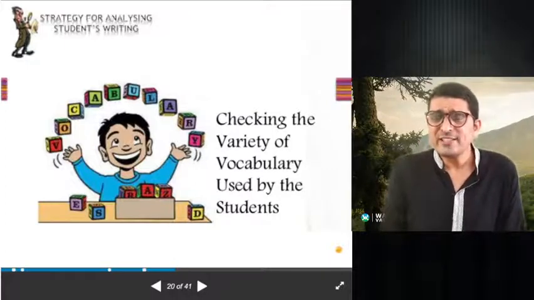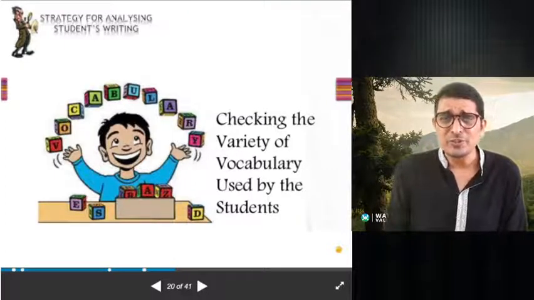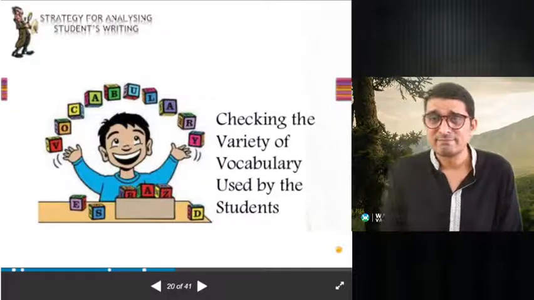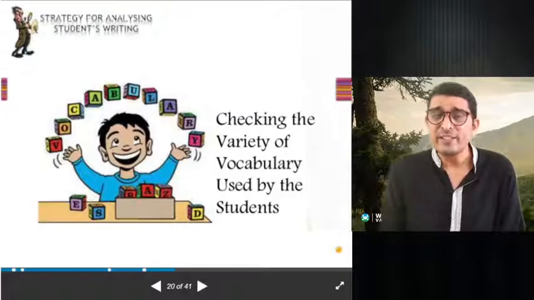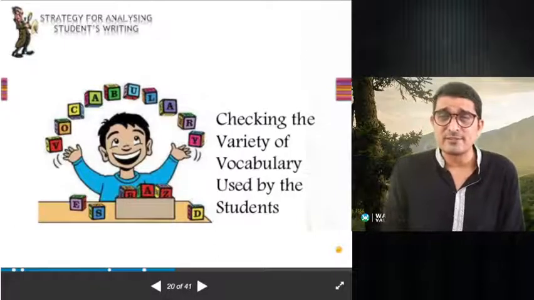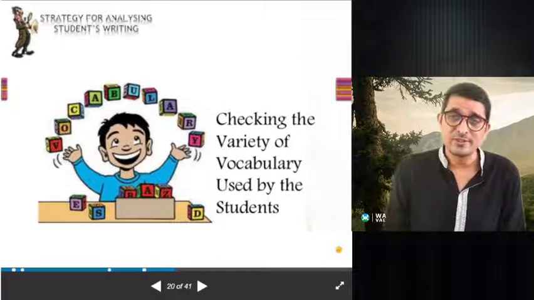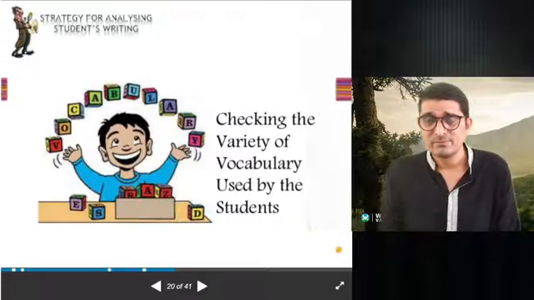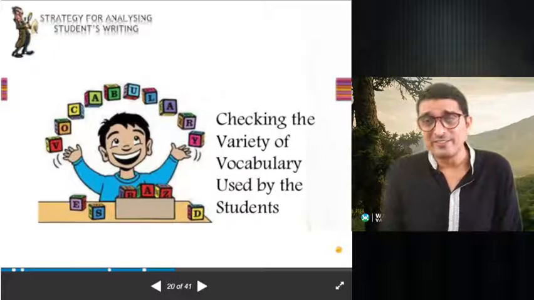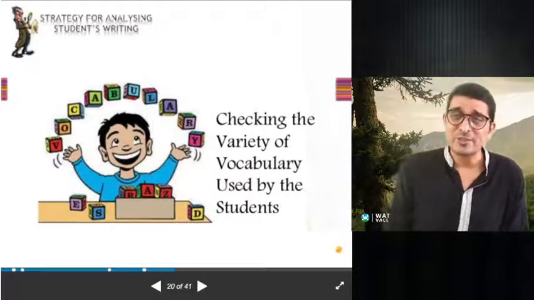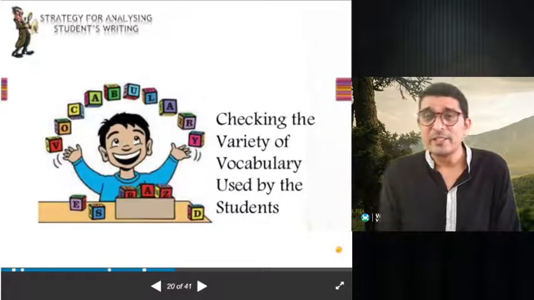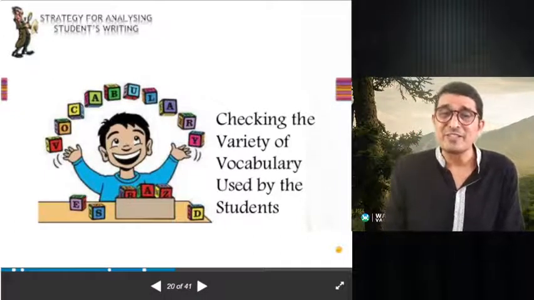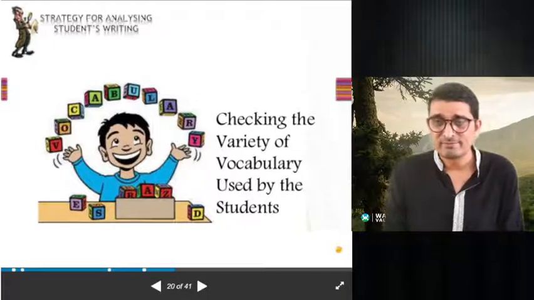So, active vocabulary and passive vocabulary. For writing something, you should keep a better active vocabulary. And when the teacher analyzes the written piece of his student, he should look whether the student was able to make use of a variety of words.